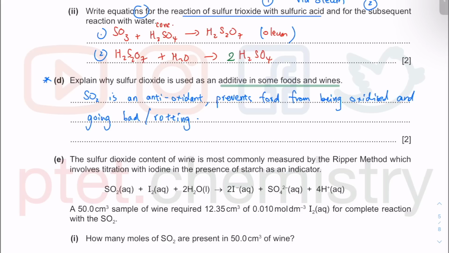But if I'm not mistaken, this has already been phased out from the new syllabus, so you will no longer see it. But if you go back to the 2015 Cambridge International Syllabus, you will have seen this particular statement and how it is used as an additive in foods and wine.